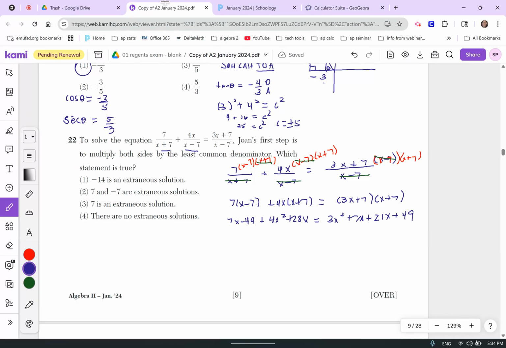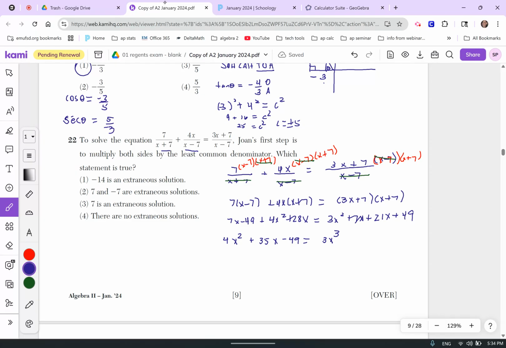I combine like terms on each side, and I get 4x squared, and 28x plus 7x is plus 35x, minus 49, and that's equal to 3x squared plus 28x plus 49. I'm sorry, it looks sloppy.